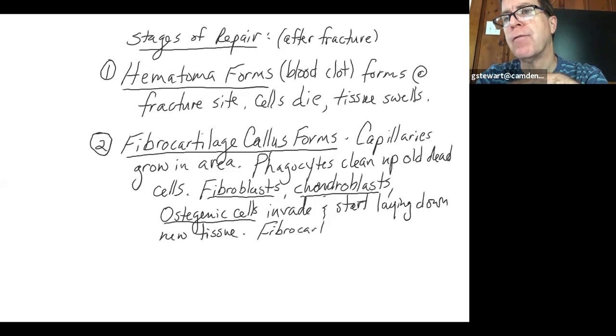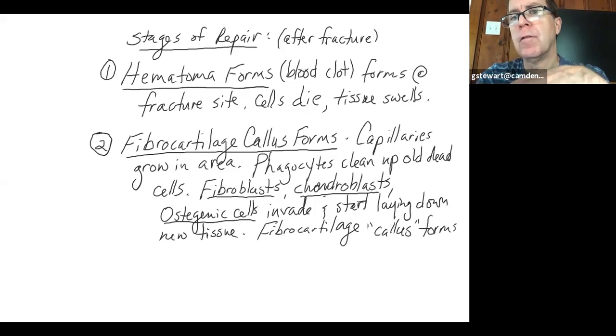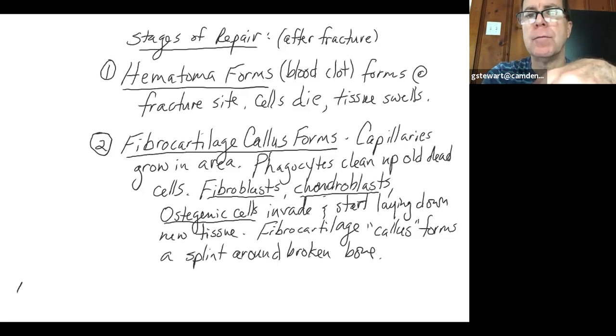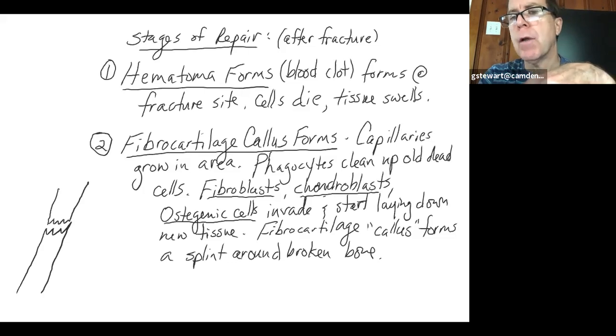I'll draw a picture after I finish writing these stages. There's just 4 stages. So fibrocartilage callus forms a splint around the broken bone. So if we have a broken bone, let's say it's aligned, what's going on during this stage, this fibrocartilage callus formation, is capillaries grow into the area.